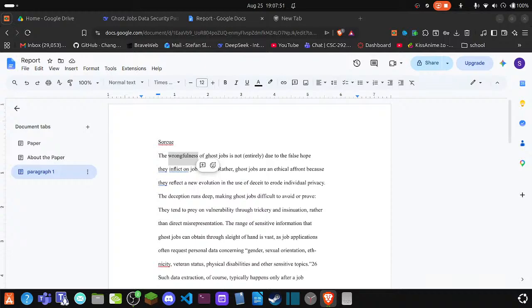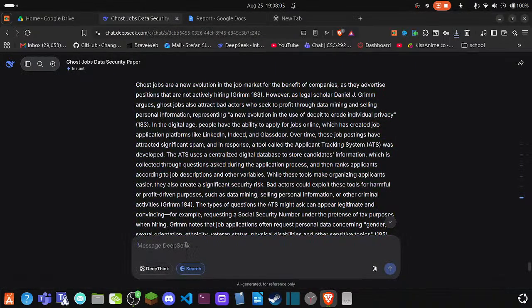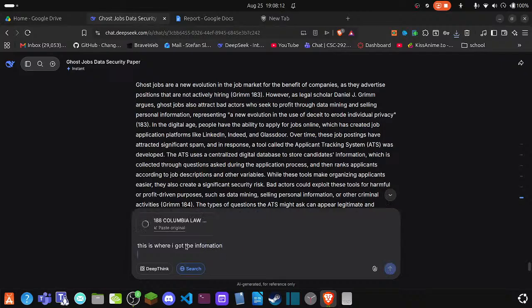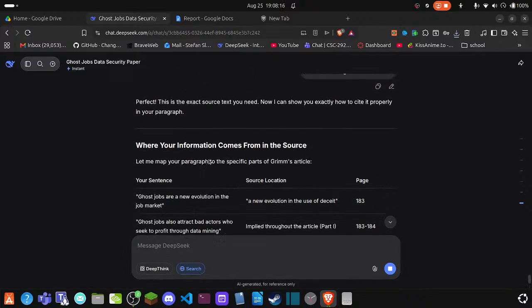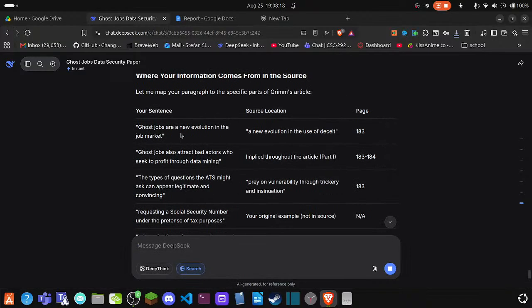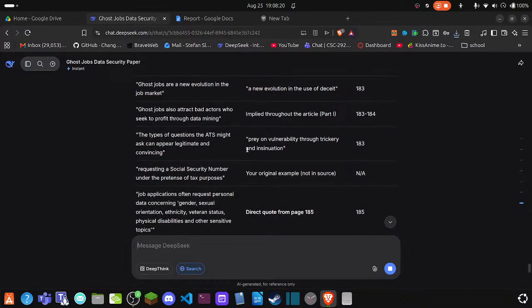So this is page 188. This is where I got the information. Ghost jobs and new evolution of the market.